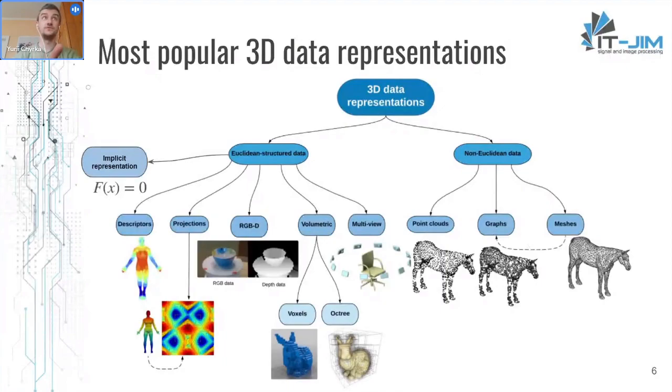One representation not mentioned here is implicit representations. It is closely related to deep learning and became popular in the last two years. It supposes description of three-dimensional space as some very complex function that is actually a trained model, but I'll talk about it a bit later.